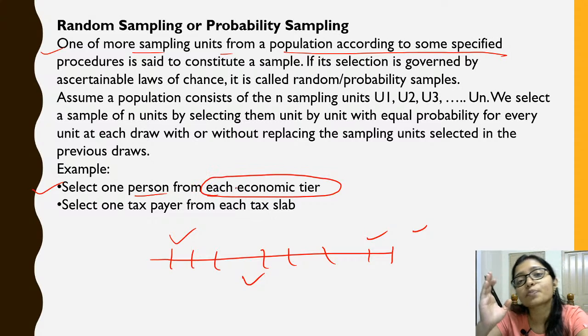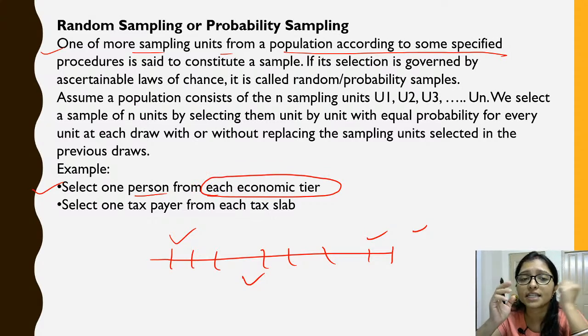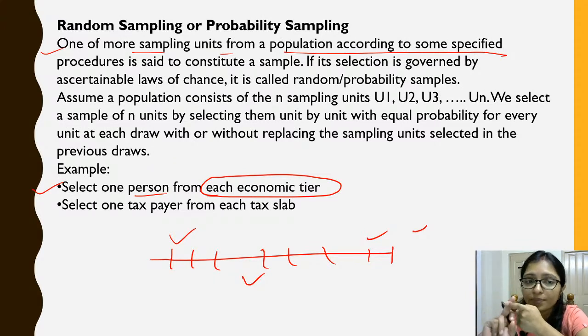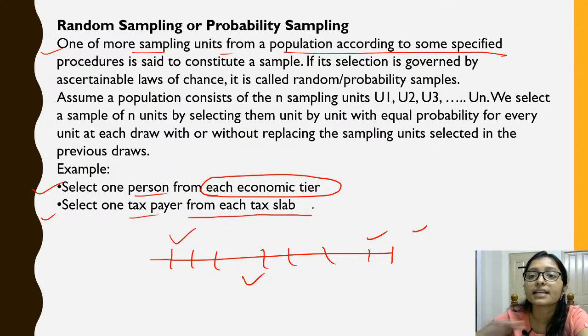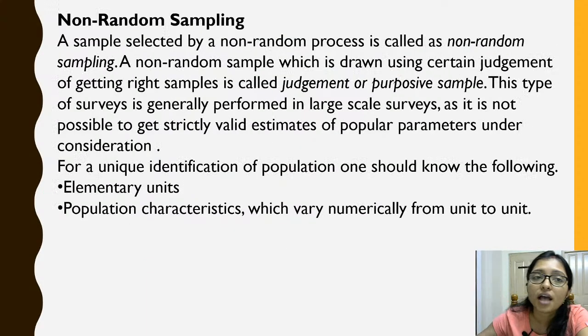Each economic tier means maybe from a poor family I am collecting one, and from a high status or high earning family I am selecting one. So that is not random, right. And select one taxpayer for each tax slab. And now, what is non-random sampling?